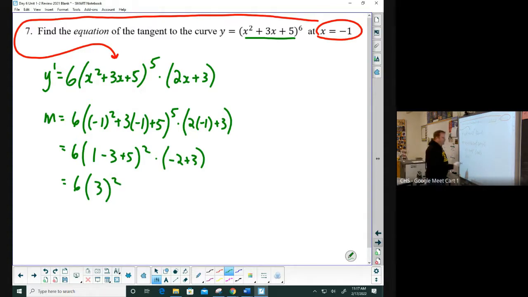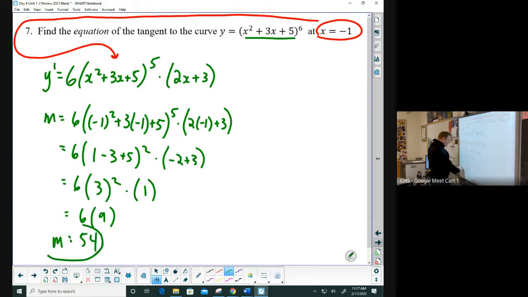Yep. Times 1, that's 6 times 9, which is 54. So the slope is 54.